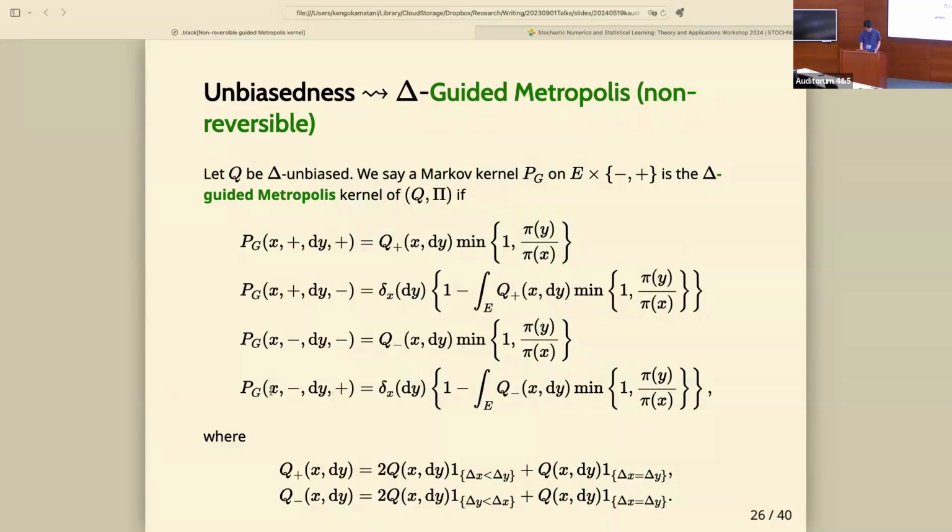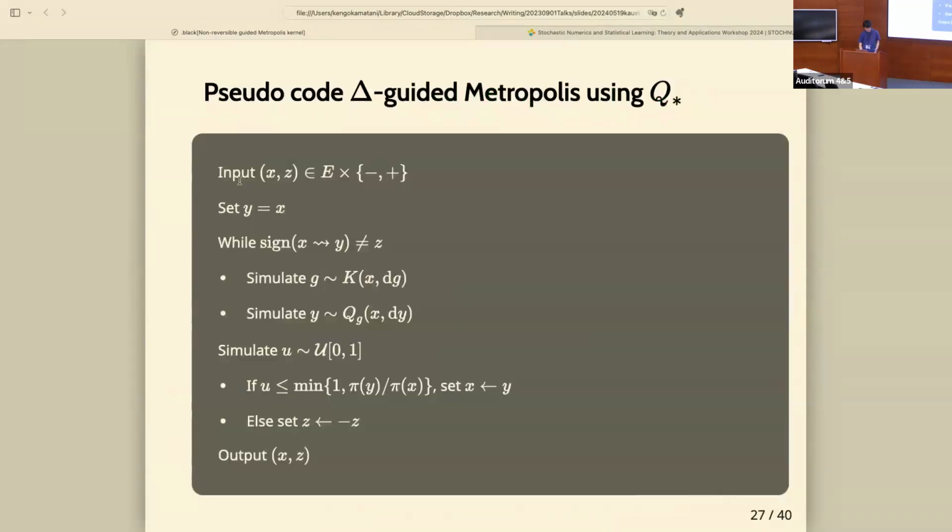This is the pseudocode for the MCMC, but we may skip this. It just means as follows. If the direction is positive, we keep the positive direction until rejection and then switch. And if it is negative, we keep the negative direction until the next rejection and so on. So that's almost the same as Metropolis Hastings.